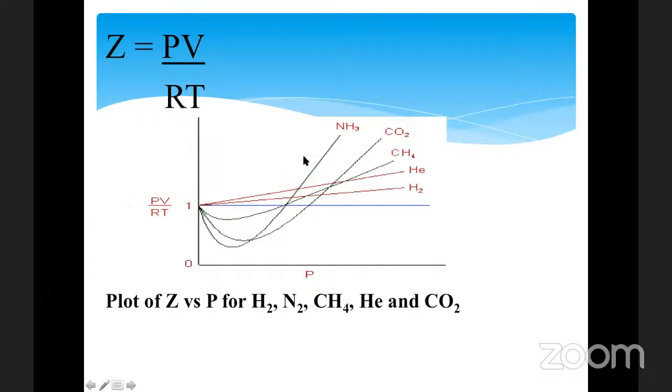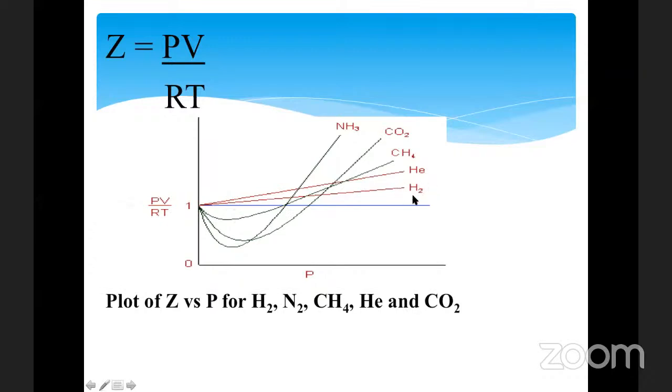As the molecular mass increases, if you look at CO2 and NH3, they are the heavier gases here, and they have the deepest dip as you try to compress the gas.